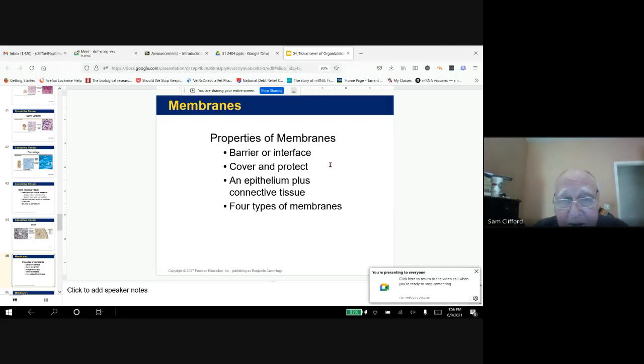We're going to talk about membranes. Skin, the membrane lining all of the pleural cavity, the pericardial cavity, the peritoneal cavity, where all of the digestive organs are within this cavity that's lined by a membrane.